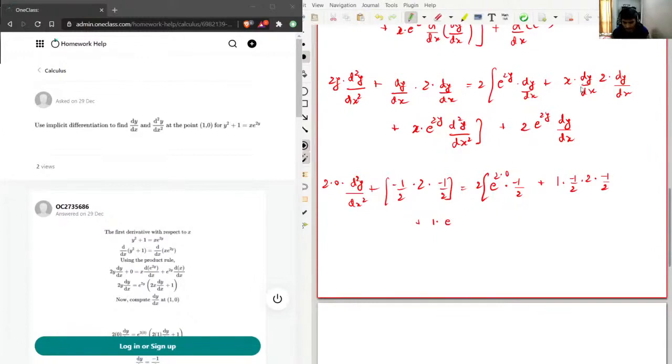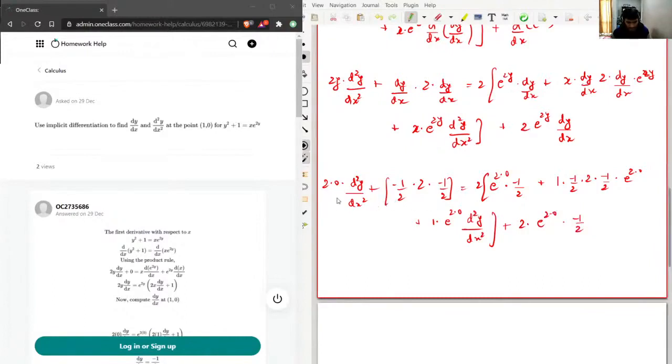I should have one e power 2y also. So this will be e power 2 into 0, and here we'll have x is 1, e power 2 into 0, and d square y by dx square, plus 2, and this will be e power 2 into 0, and this was negative 1 over 2.